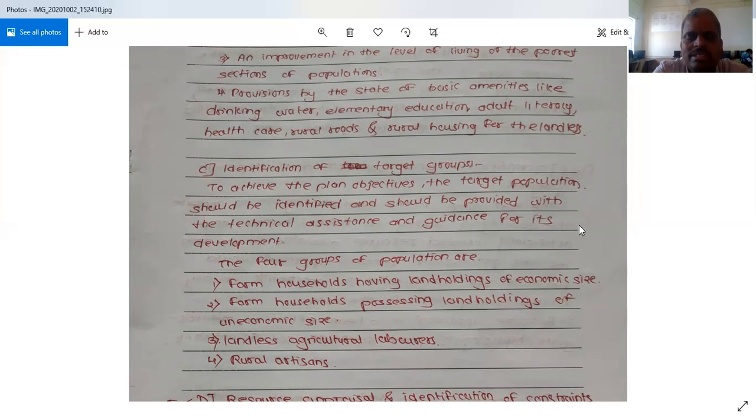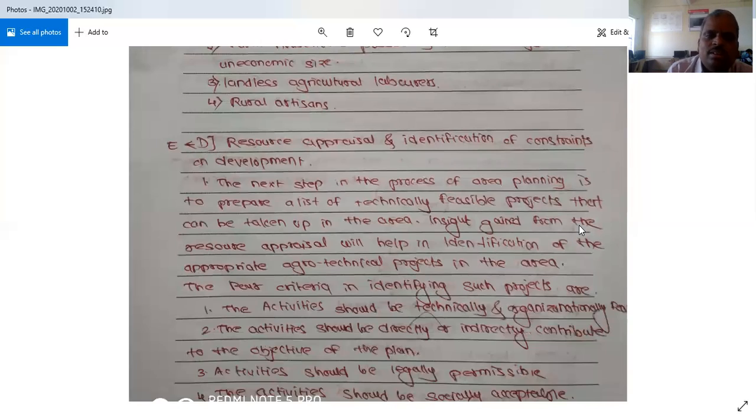The third group is landless agricultural laborers. The people working in the agriculture area are called agricultural laborers. And the next is rural artisans. Now the fourth point is the resource appraisal.